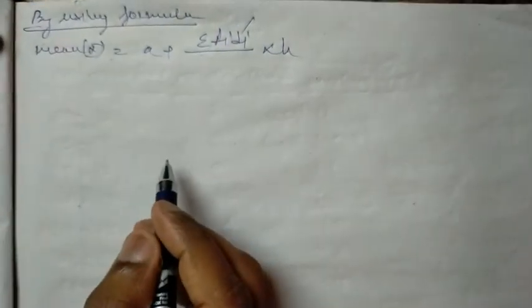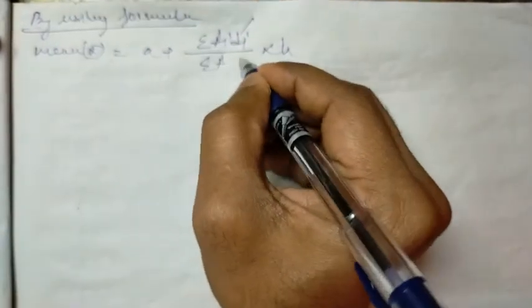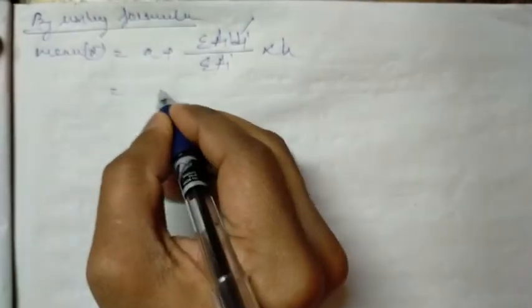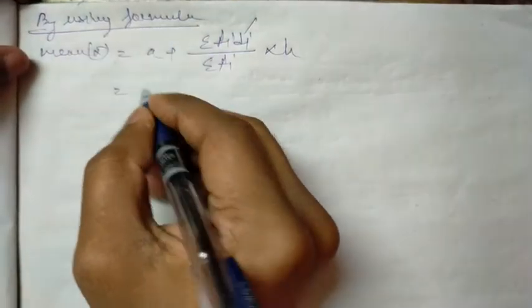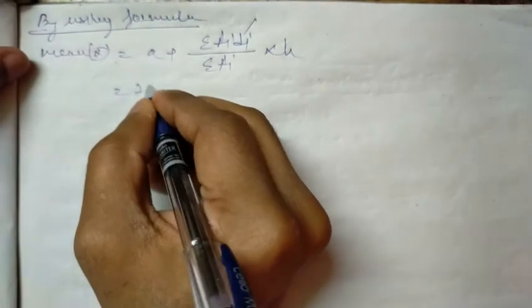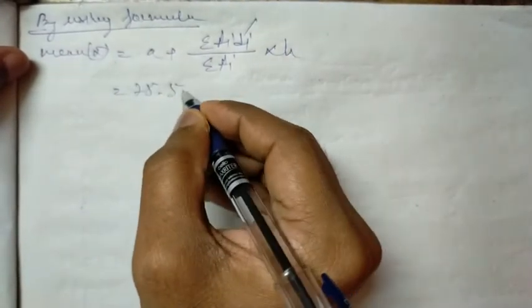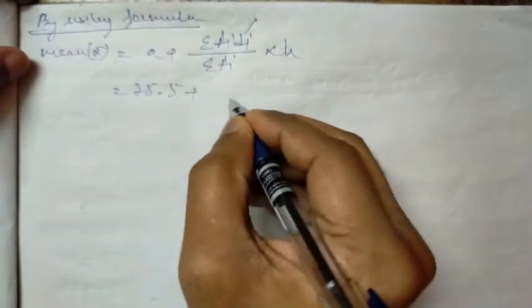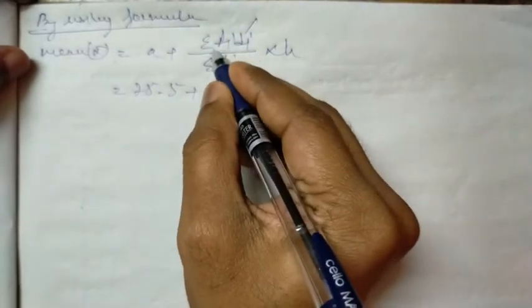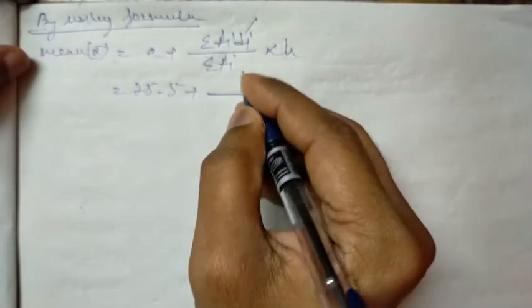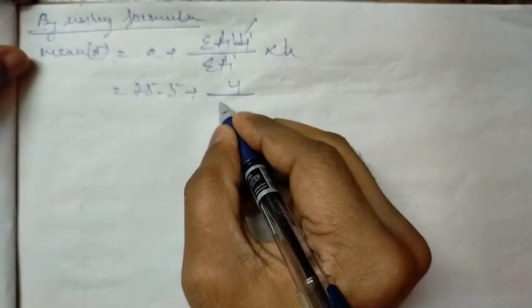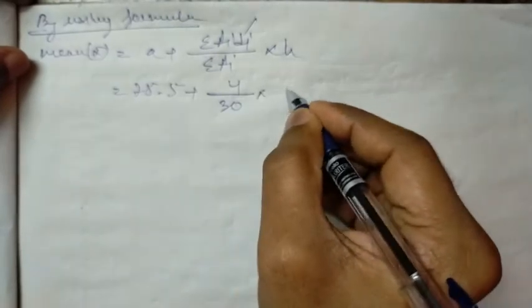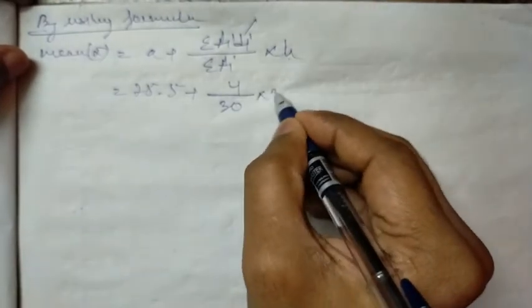What is our a? a is our 75.5, plus Σfidi dash we have calculated already, it is 4, Σfi is our 30, into the class size, the gap is our 3.